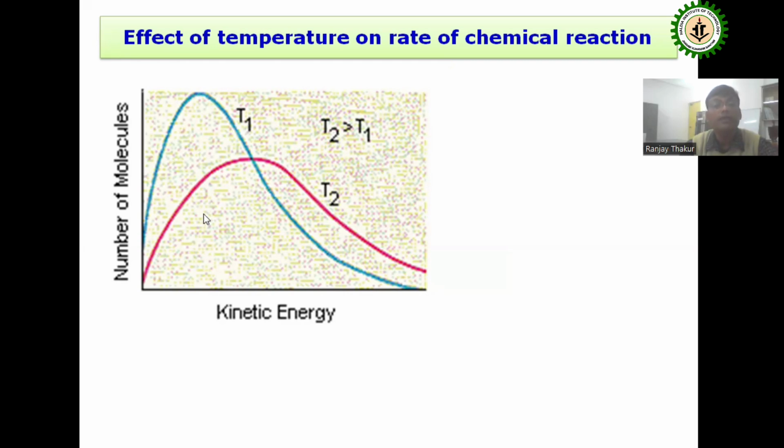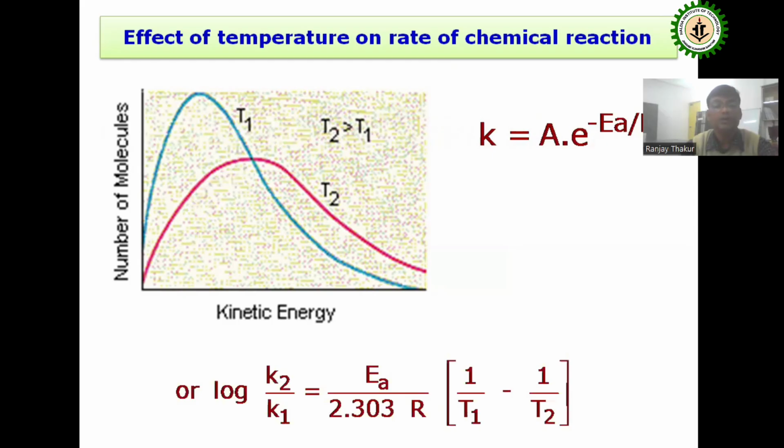If you increase temperature, this peak decreases, meaning the height of the energy barrier decreases, so the activation energy value decreases, and the rate of reaction becomes faster. That is explained by this graph. Finally, you can write the equation as log K2 by K1 equal to EA by 2.303 R into (1 by T1 minus 1 by T2).